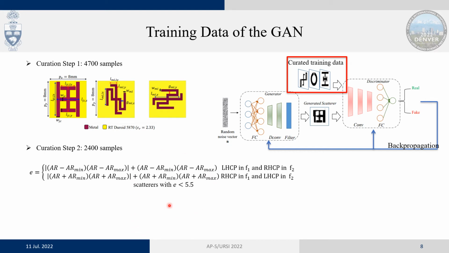Now, we just define a threshold of 5.5 dB to filter out the primitives that are not good for us and keep only the ones that result in the axial ratio with minimum losses. Then we take these scatterers from the second step and their 90-degree rotated ones and include them in the training data.